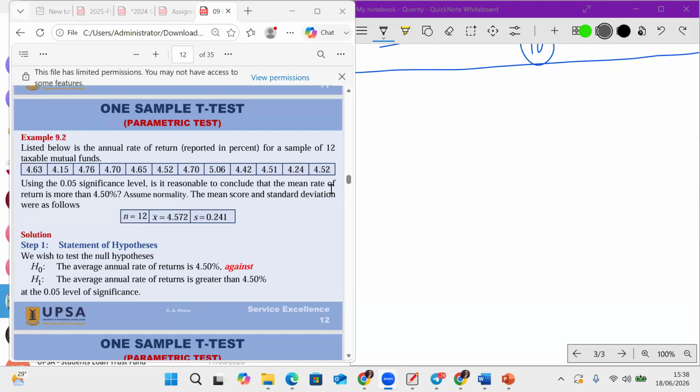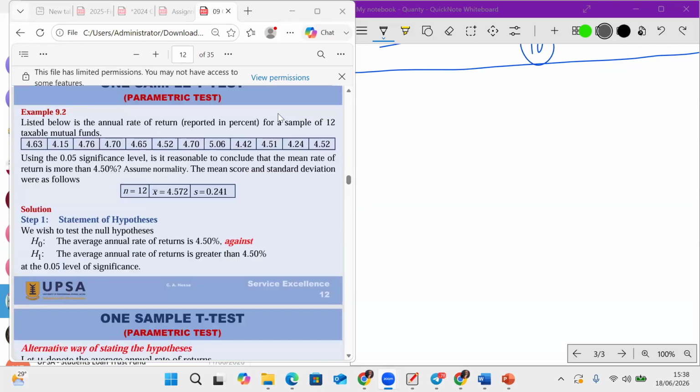Using the 0.05 significance level, is it reasonable to conclude that the mean rate of return is more than 4.50%? Assume normality. The mean score and standard deviation were as follows: n equals 12, the mean is 4.572, and the standard deviation is 0.241.